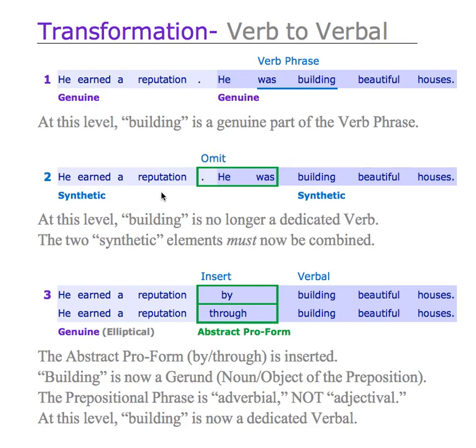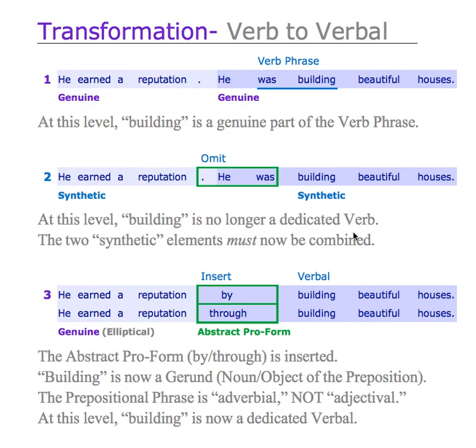Whenever you see anything synthetic in my system, in any of my videos, you'll know that the synthetic elements must be joined to something else. All right? So at this level, number 2, building is no longer a dedicated verb because we got rid of the word was. The two synthetic elements must now be combined.